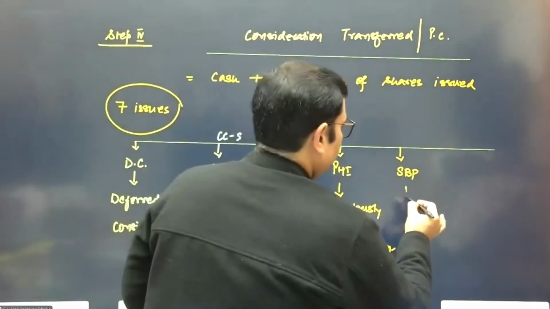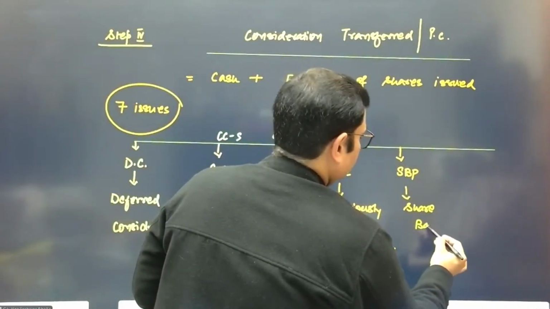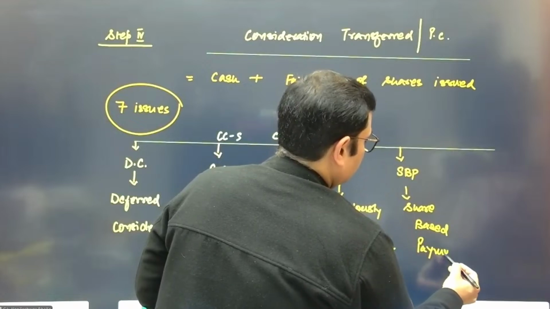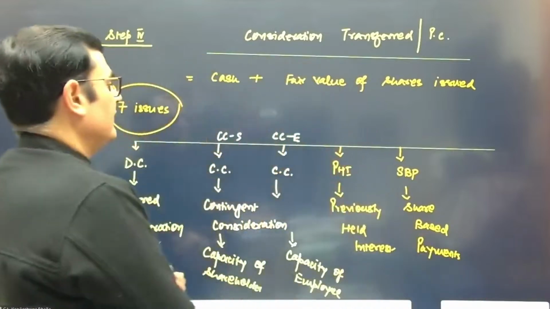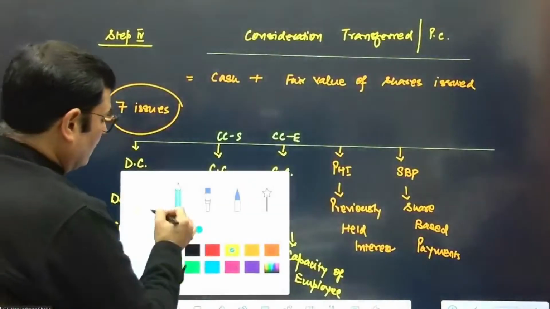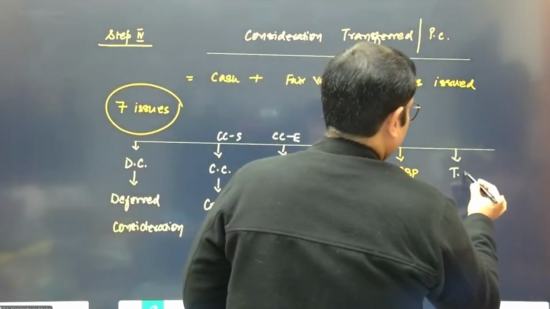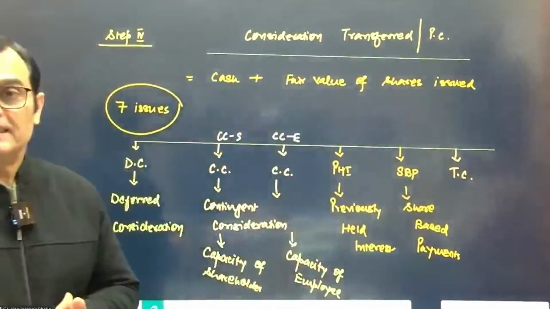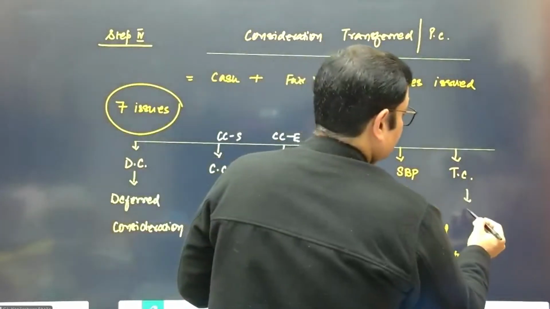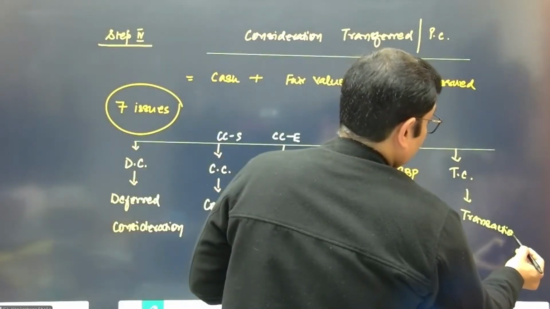So SBP is share-based payments in this case. Another one which we're going to consider is called TC. TC is supposed to be called a transaction cost. TC is what we call a transaction cost.